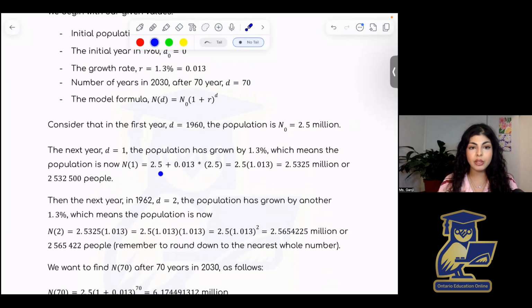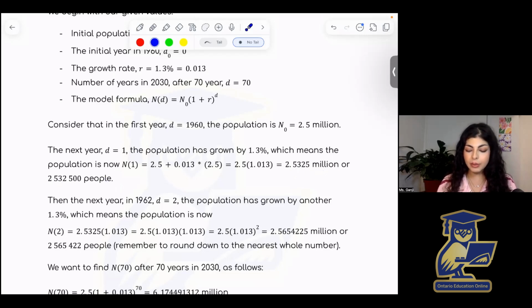So of course we still have the 2.5 million, but now we also have 1.3% of that 2.5 million added. And again, factoring out 2.5, this gives me 1.013. And this was that formula there when D is equal to 1. And so then we have 2.5325 million or 2,532,500 people.